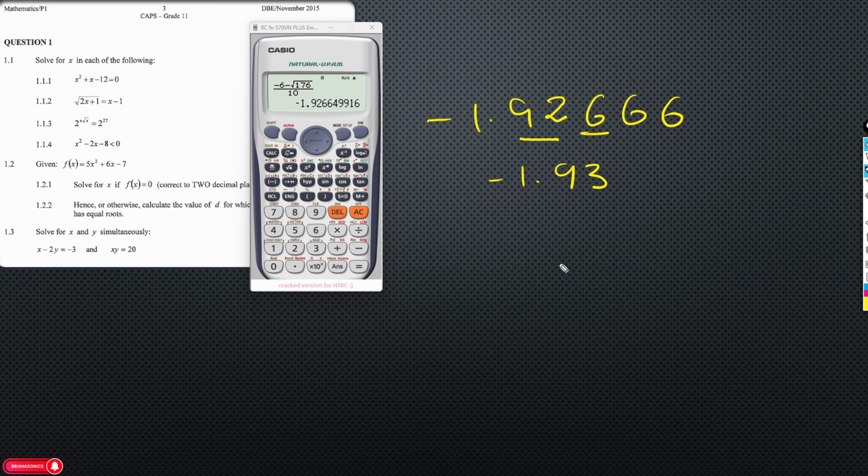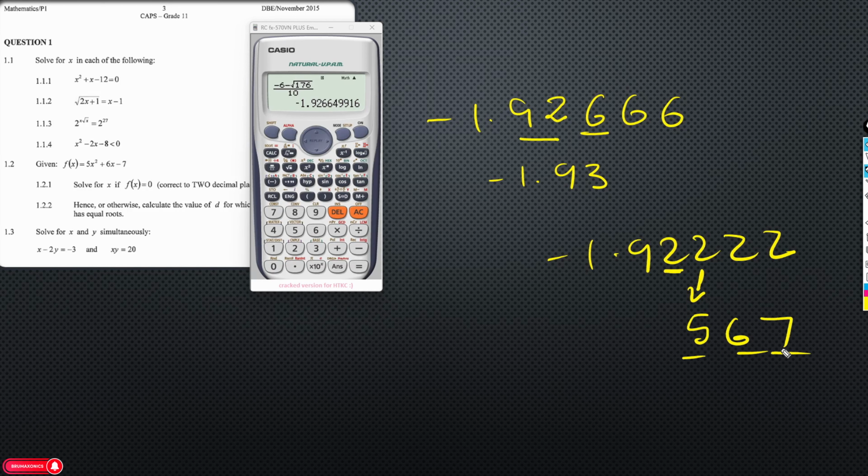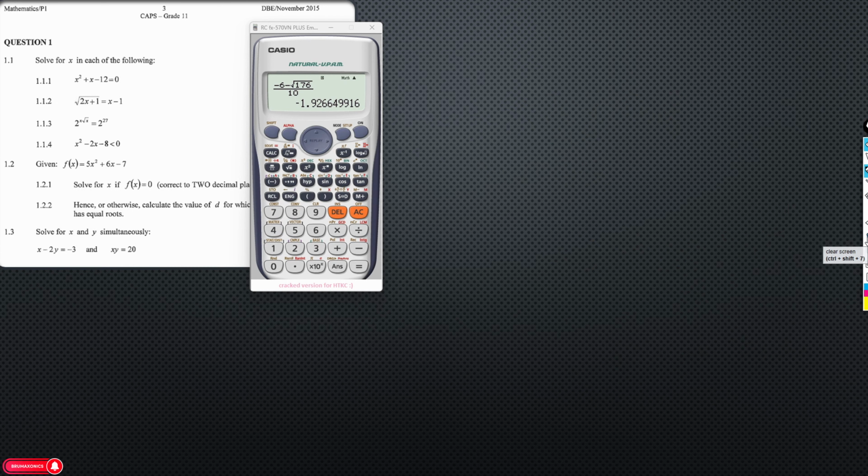But if you get something like negative 1.92222, you don't have to change this number here. You only change this number if the particular number here is 5, 6, 7 and above instead of 4 and below. So that's how you deal with two decimal places. Let me erase the board.